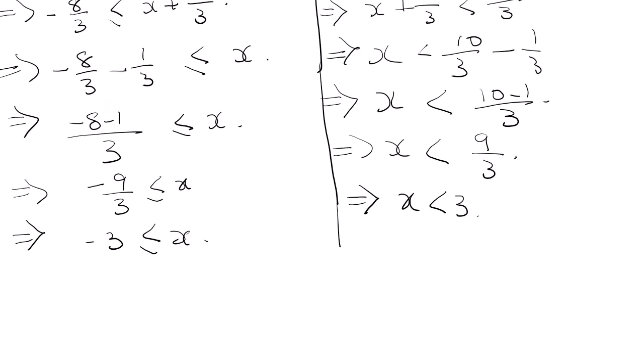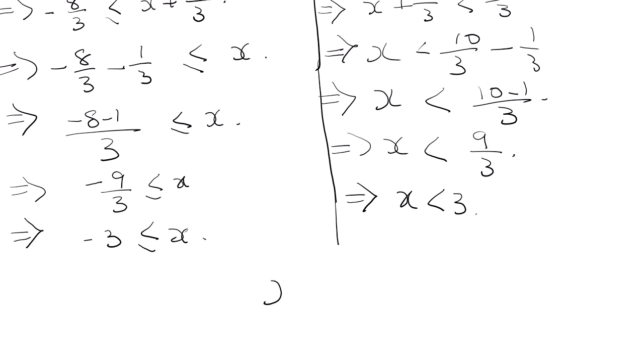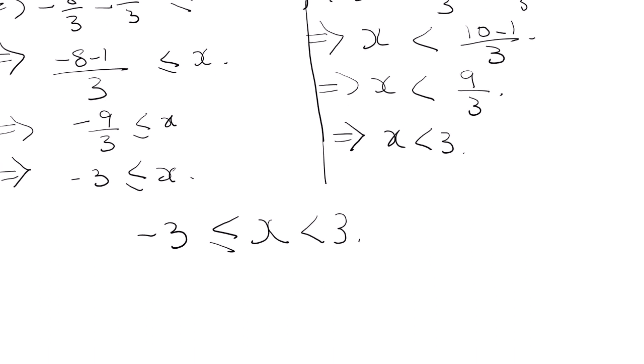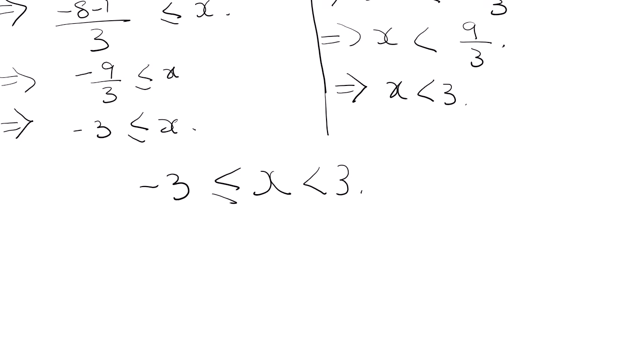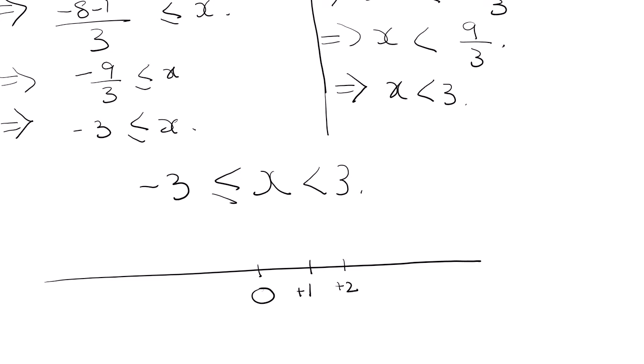Okay, so when you combine these two results, x is greater than or equal to minus 3 and x is less than 3. So now the number line: 0, 1, 2, 3, 4 on the plus side.